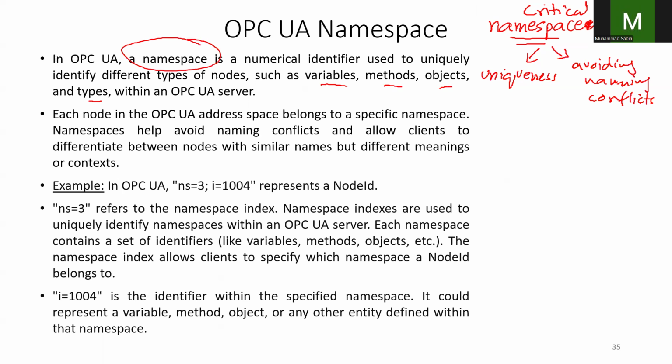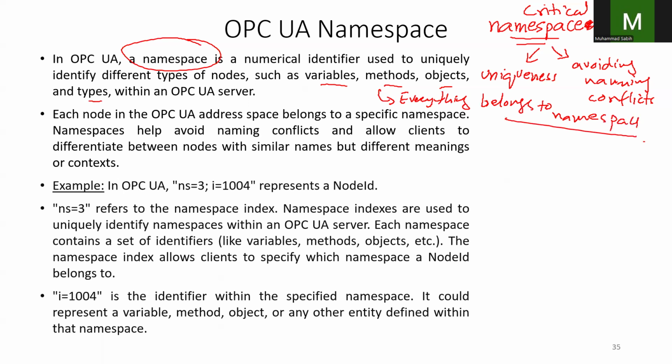Let me write it: variables, methods, and objects belong to a namespace. This is one thing.